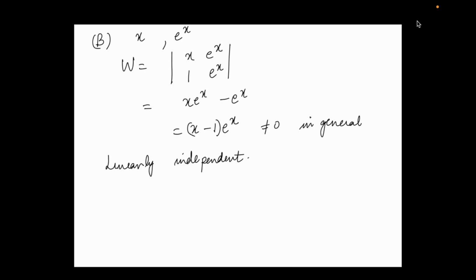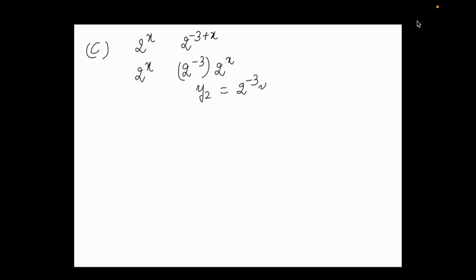Now if you look at option C, that is 2 to the power x and 2 to the power minus 3 plus x. One simple way is to check like this. Clearly your y2 is 2 to the power minus 3 times y1.